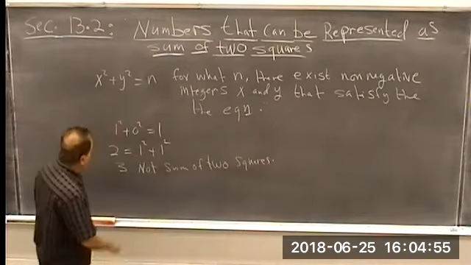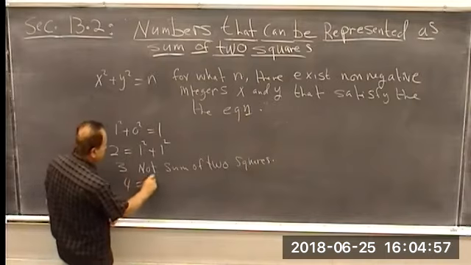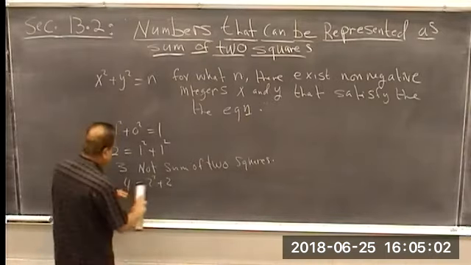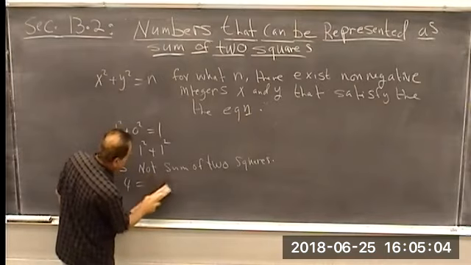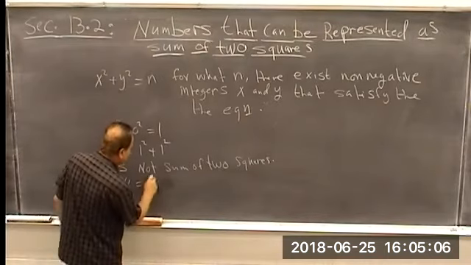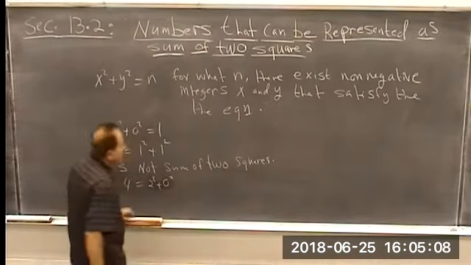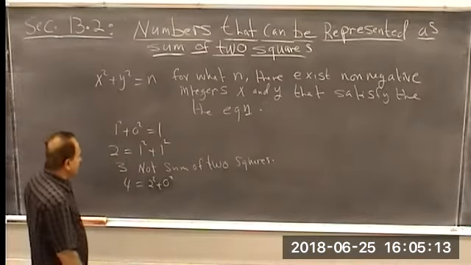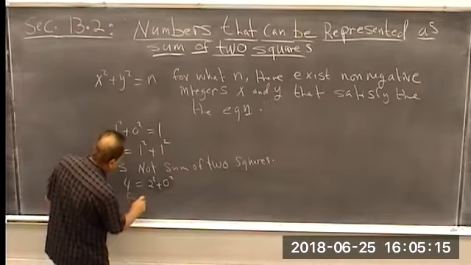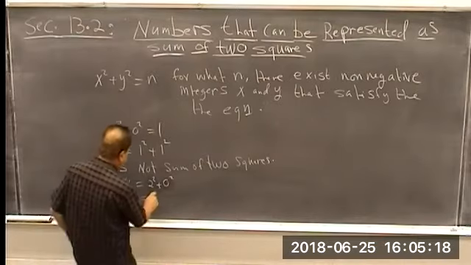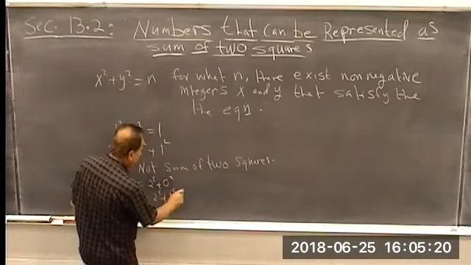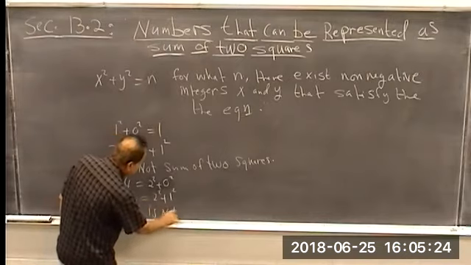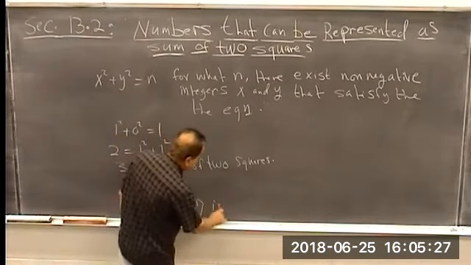4, yes, it is the sum of 2 squared plus 0 squared. And when you look at 5, yes, you can write that one as a sum of two squares. 6, no, it is not. 7 is not.